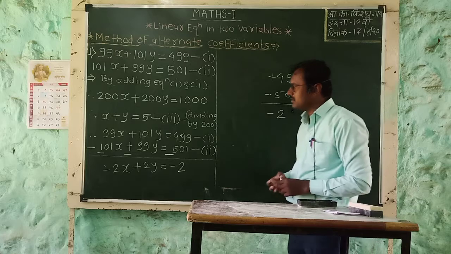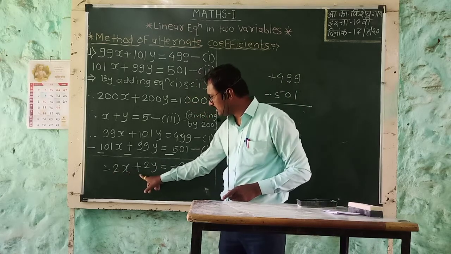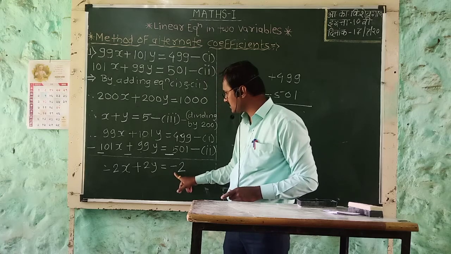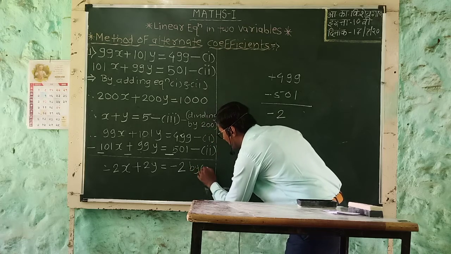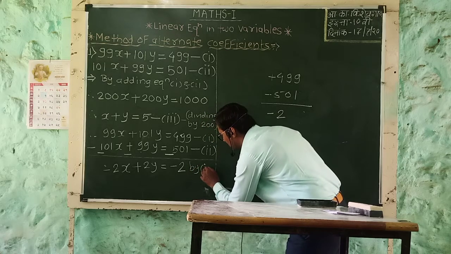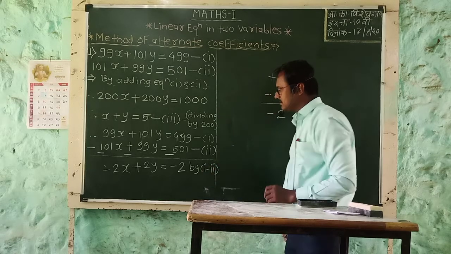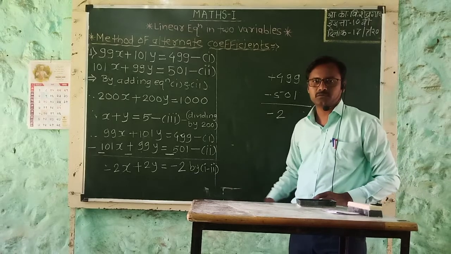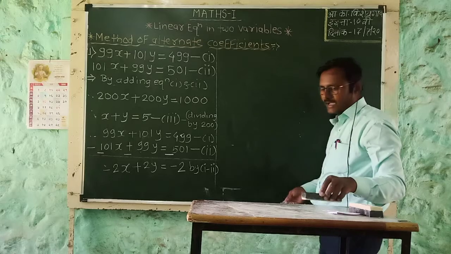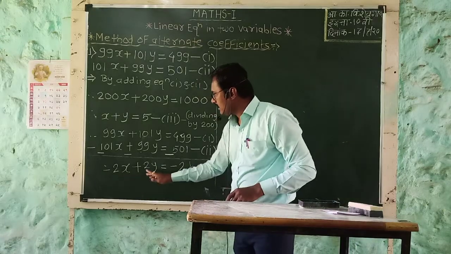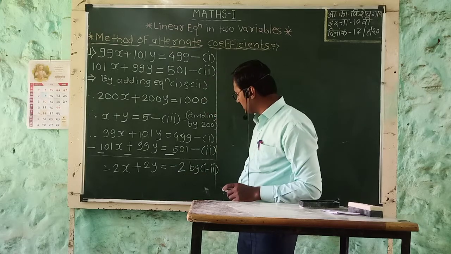So the obtained equation is minus 2x plus 2y is equal to minus 2. Now I am simplifying. I am going to divide both sides of the equation by 2.